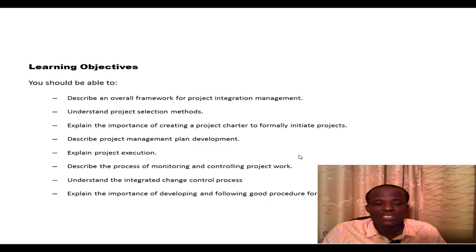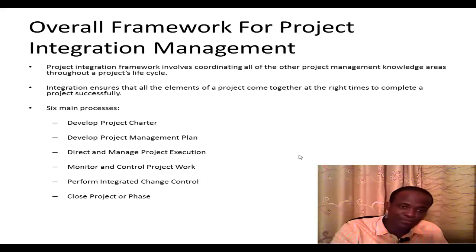We shall then look at the project management plan development. We shall look at project execution, the process of monitoring and controlling project work. We shall also try to understand the integrated change control process and the importance of developing and following good procedure for closing projects.